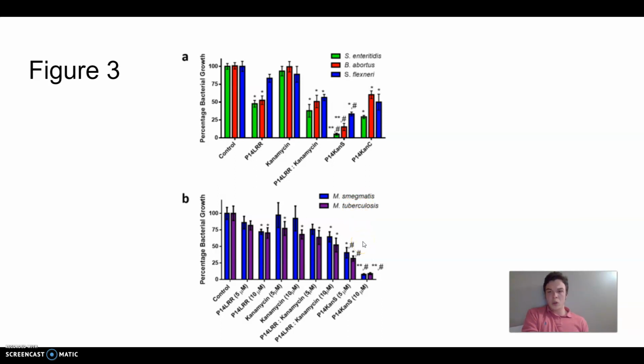And these results show that the P14LR and kanamycin are unable to rid the macrophages of intracellular pathogens on their own, or even when they were co-administered. So the P14 CAN-S takes advantage of the cell penetrating ability of the P14LR peptide to co-deliver kanamycin, which effectively reduces the intracellular pathogen levels.